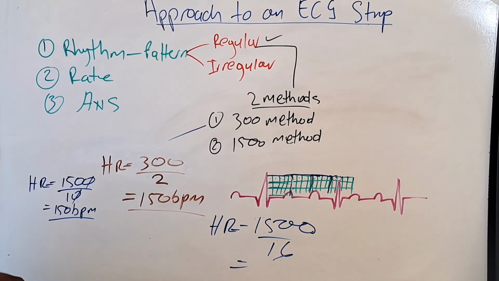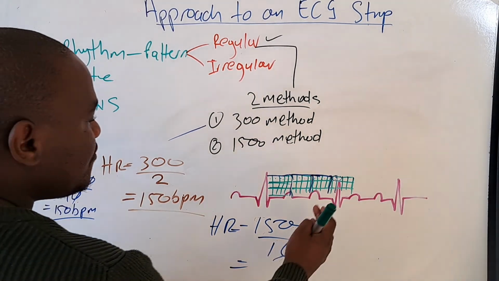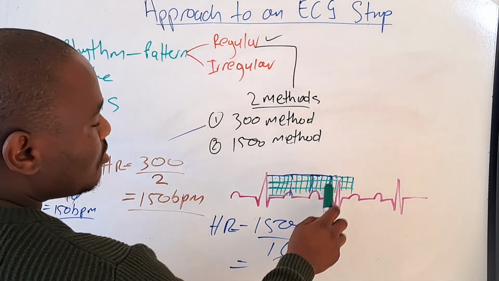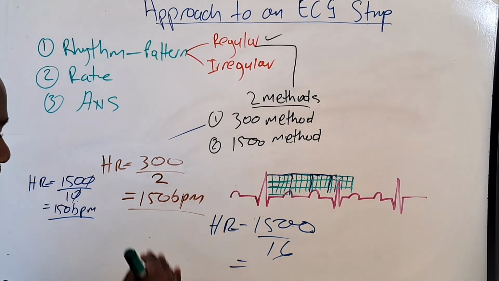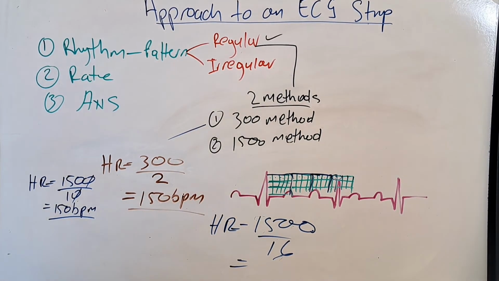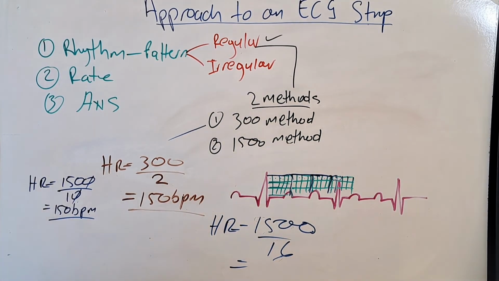So rather get used to the 1500 method, because even if you've got 2 extra small boxes overlapping, you can still count that and get an accurate reading.